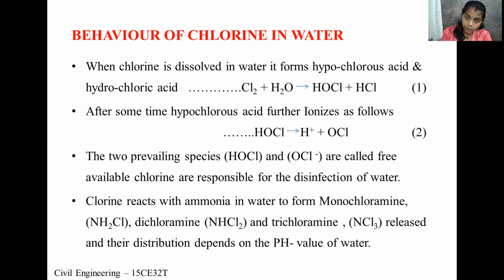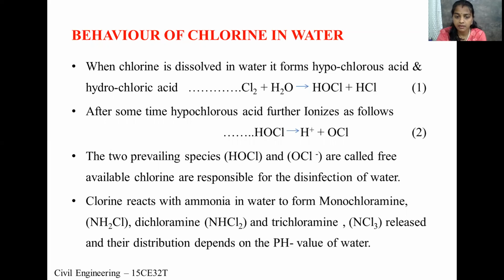And then behavior of chlorine, ಕೆಲವು ಕೆಮಿಕಲ್ ರಿಯಾಕ್ಷನ್ಸ್ ಇಂದ ಹೈಪೋಕ್ಲೋರಸ್ ಆಸಿಡ್ ಮತ್ತೆ ಹೈಡ್ರೋಕ್ಲೋರಿಕ್ ಆಸಿಡ್ ಆಗುತ್ತೆ, ಅದು ಫರ್ದರ್ ಅಯೋನೈಸ್ ಆಗುತ್ತೆ. HOCl and OCl are free available chlorine and are responsible for disinfection of water ಅಂತ ಹೇಳಿದೀನಿ. So this is all, it reacts with ammonia.